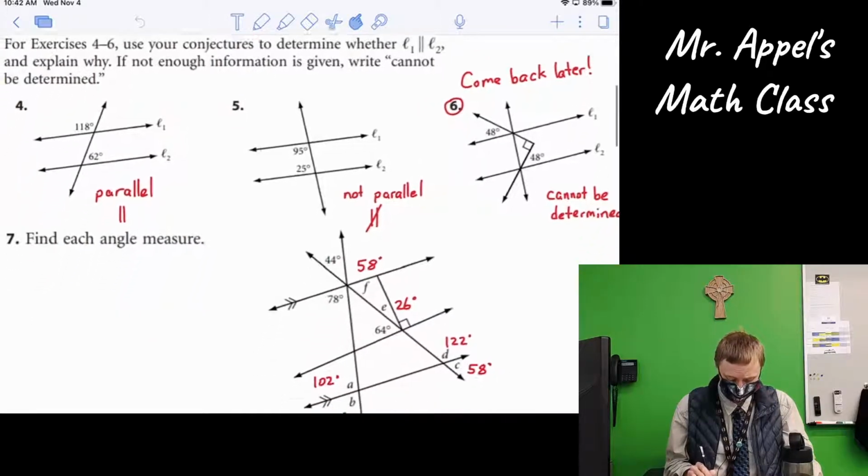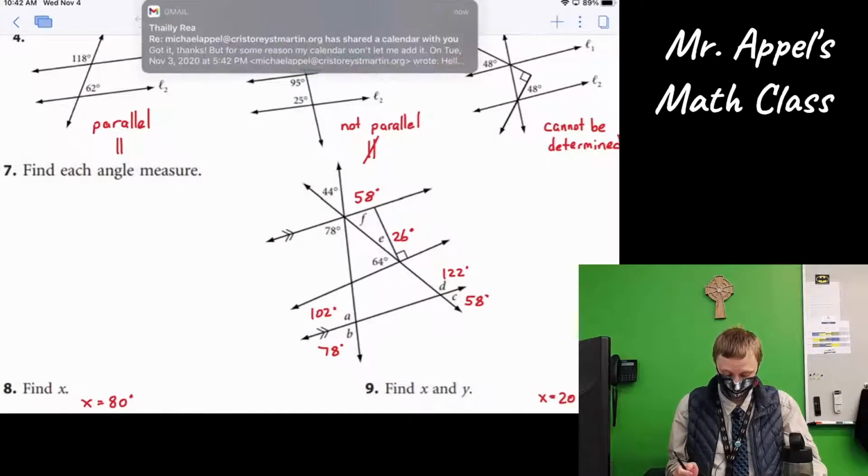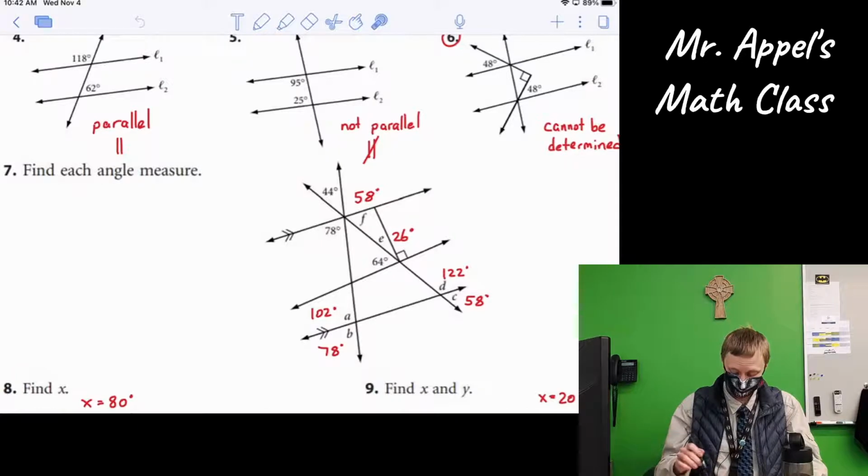All right, here then is all of number 7. And I tried to put the measures as close to that as possible. So E is 26 there, and F is the 58.